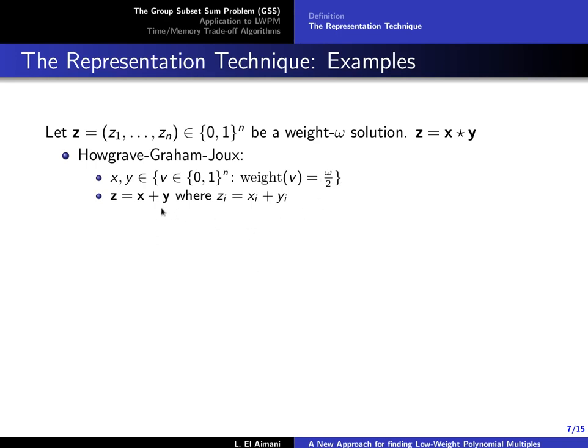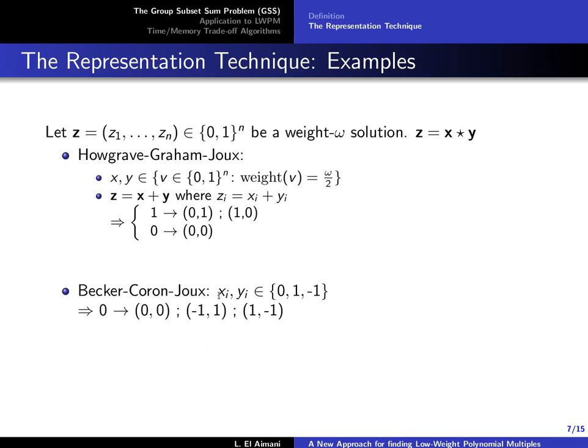So this is a termwise addition. That means that every coordinate zi is the sum of the coordinates xi and yi for all i. So with this splitting, we get two possible decompositions of 1. So 1 splits in 0 plus 1 and 1 plus 0, and we get only one decomposition of 0.